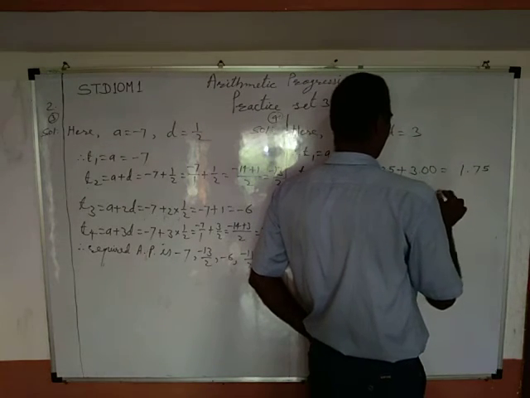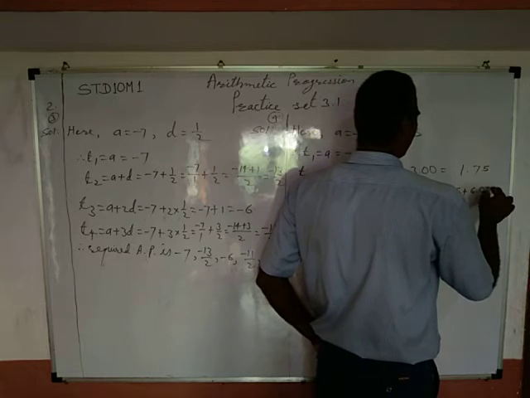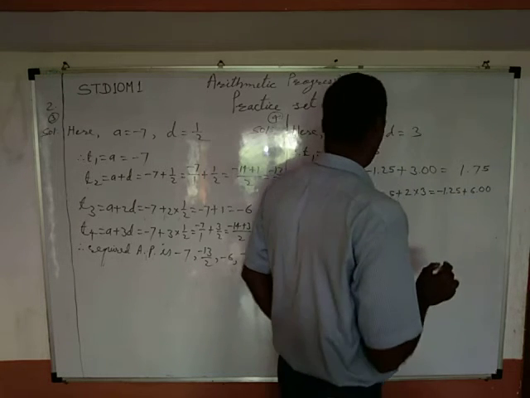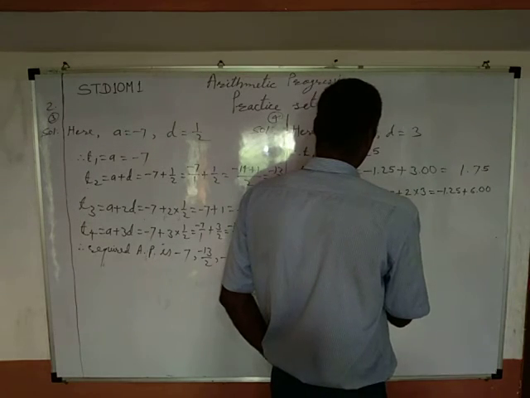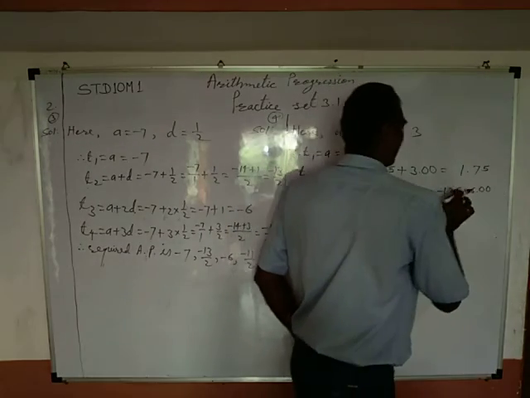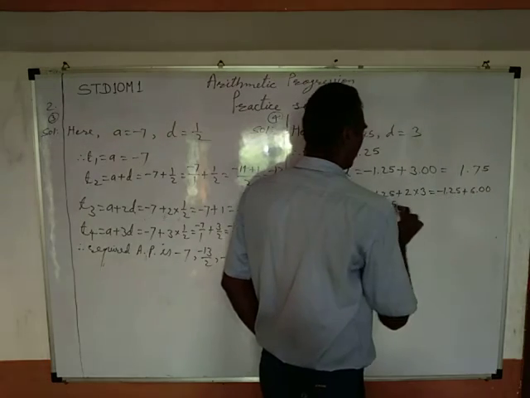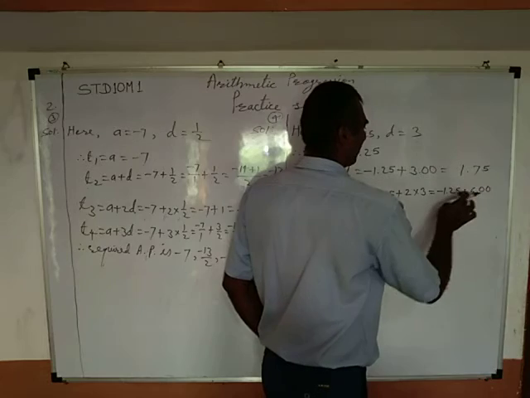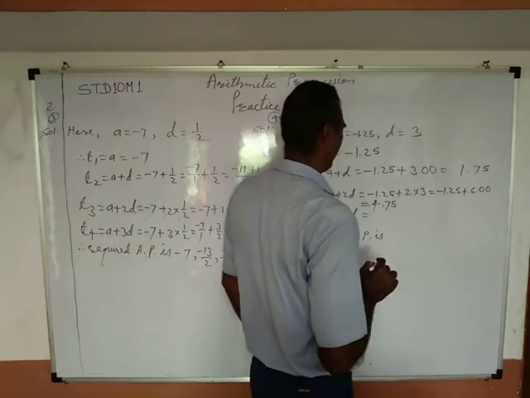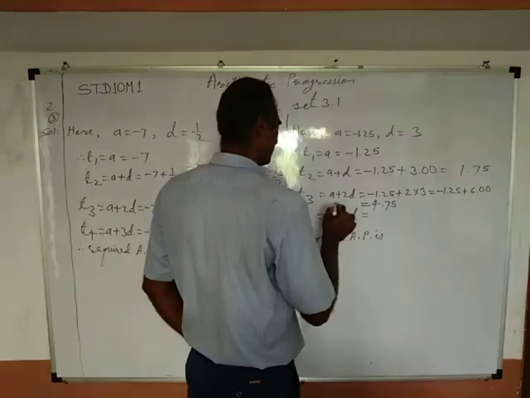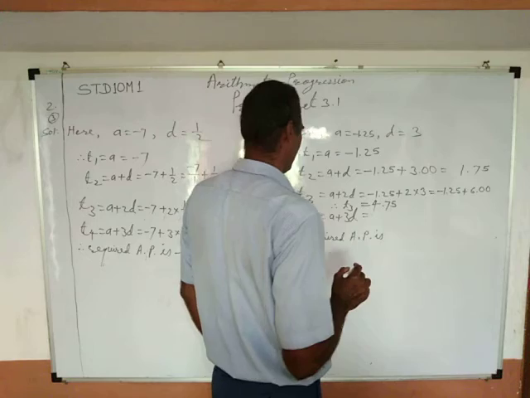equals minus 1.25 plus 6.00. Again, that will be 10 minus 5 gives us 5, 9 minus 2 gives us 7 and 5 minus 1 gives us 4, means T3 equals 4.75.